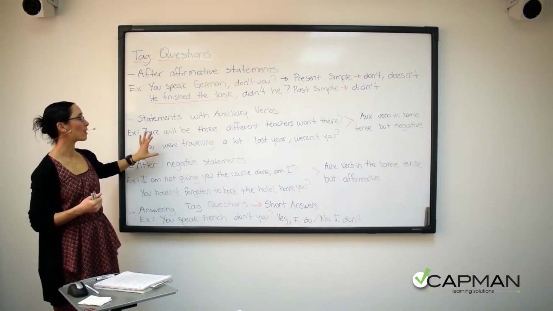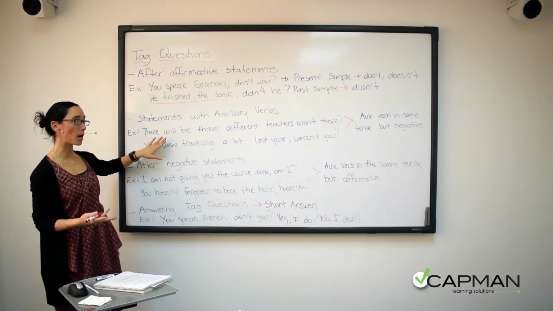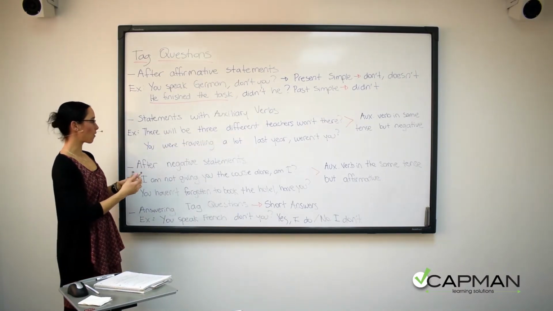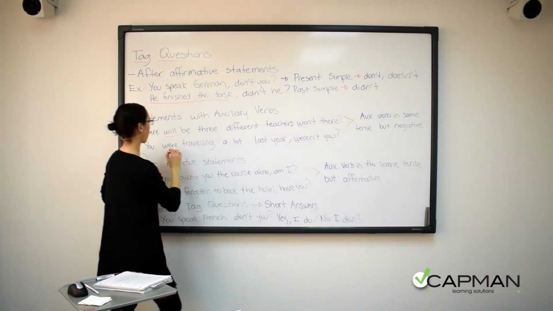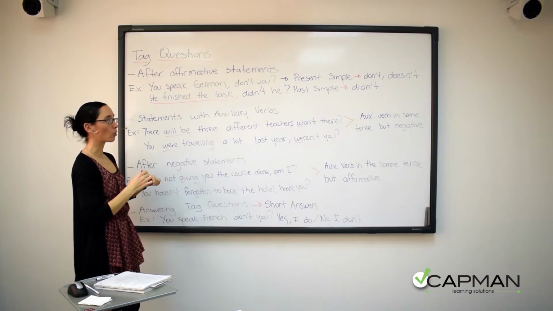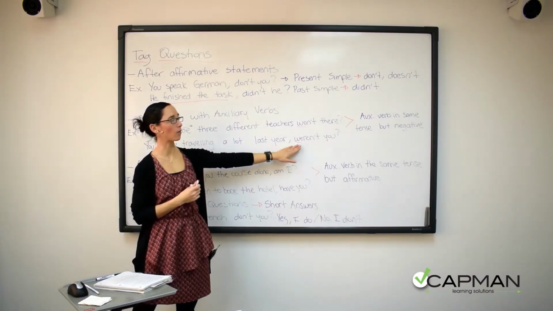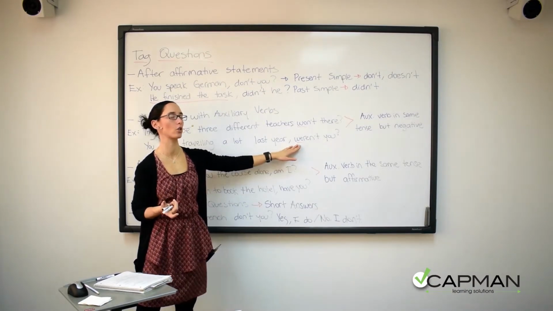We use the auxiliary verb in the same tense, but in negative. Okay? So we have the same tense, but we will change the affirmative for negative. And that is how we will form our tag question.